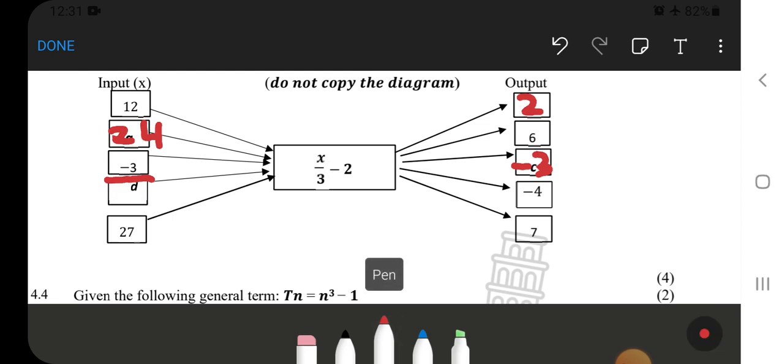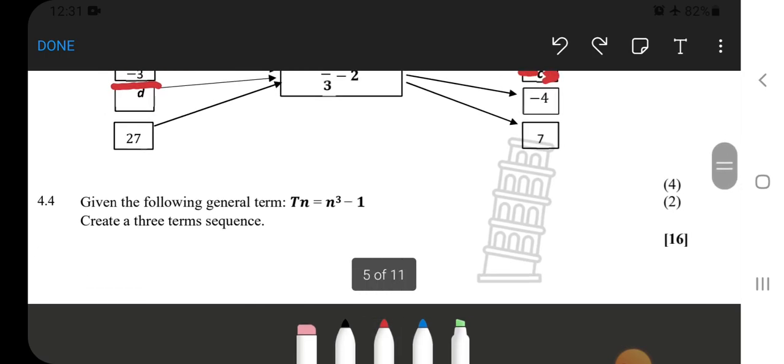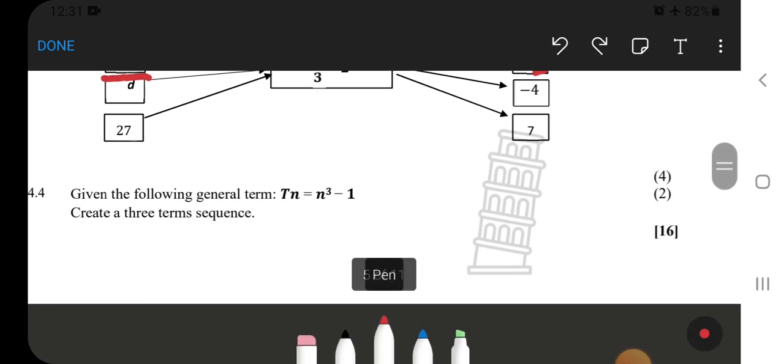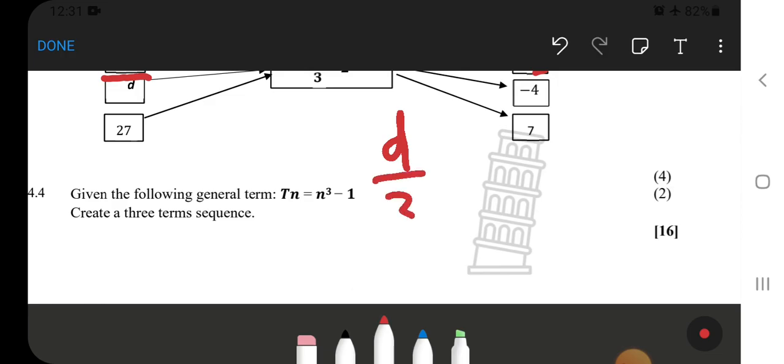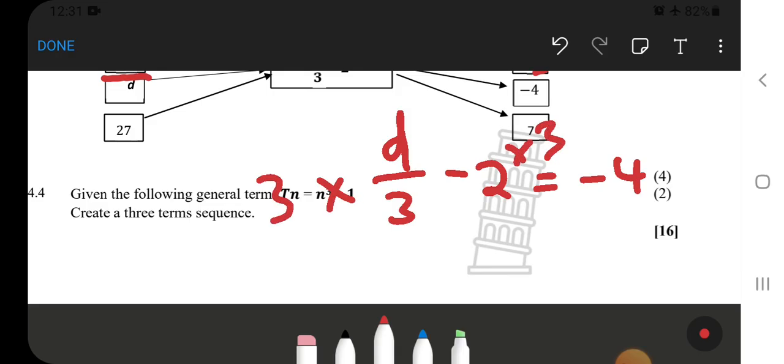So for number D, that's when we will have D over 3 minus 2 equals negative 4. So we'll multiply by 3, multiply by 3, multiply by 3, so we can get rid of this.